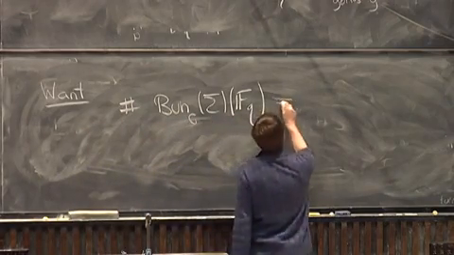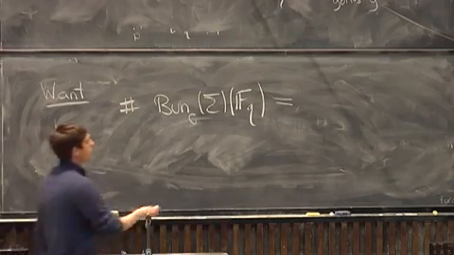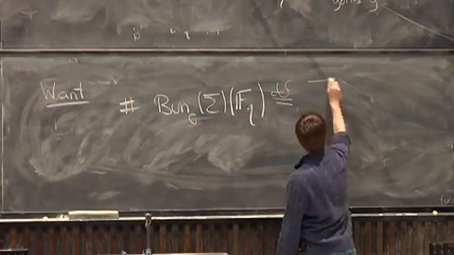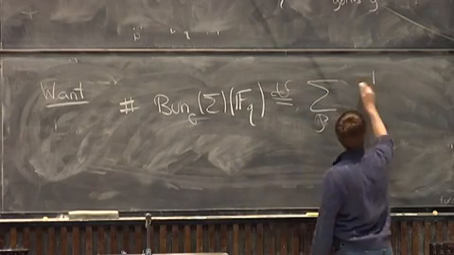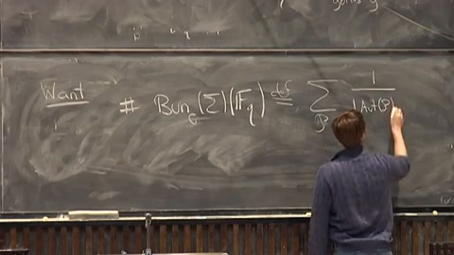Here, number is, again, counted with multiplicity. So this, by definition, really means the left-hand side of that expression here. It's a sum over isomorphism classes of G bundles P of 1 over the size of the automorphism group.